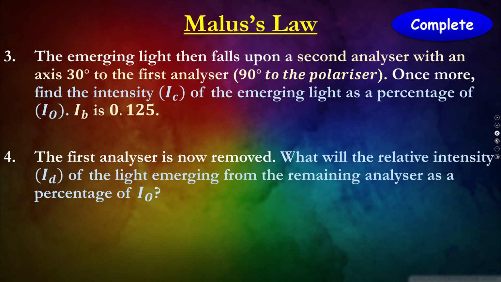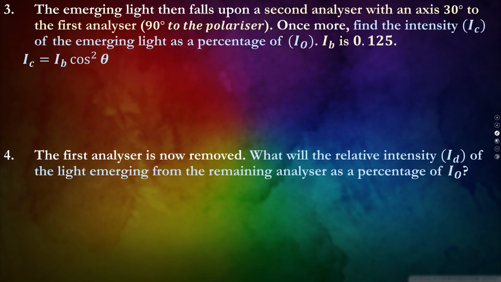Okay. Let's have a look at the next set of questions. So we have emerging light then falls upon a second analyzer, an axis of 30 degrees to the first analyzer, 90 degrees to the polarizer. So we try to picture this out. We have our first polarizer goes through here.